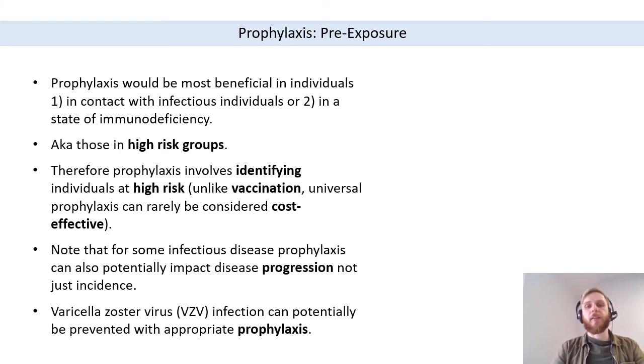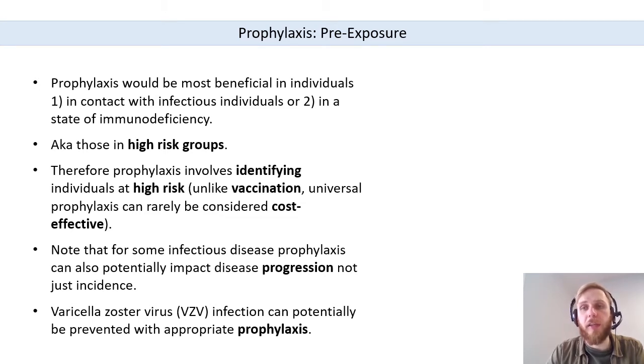So prophylaxis. We want to talk about prophylaxis a little bit more here, because there are some issues with it. Again, it can be a really useful intervention, but it's not perfect. First we have to think about who to target with these prophylactic interventions.